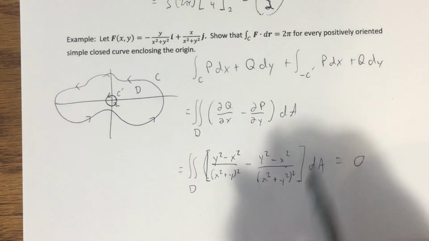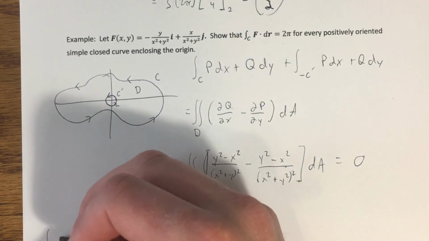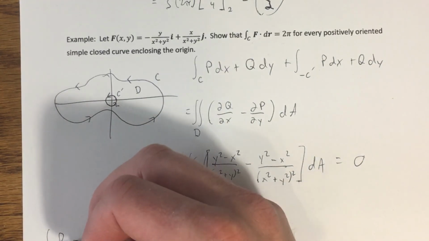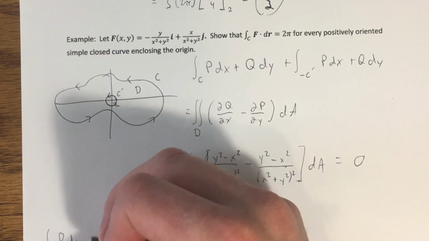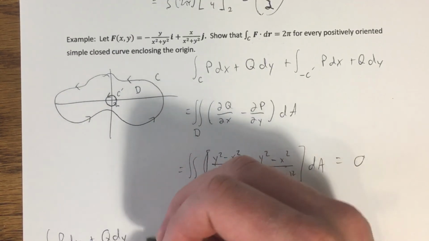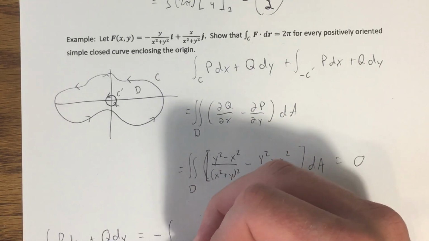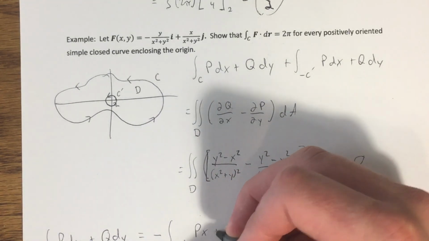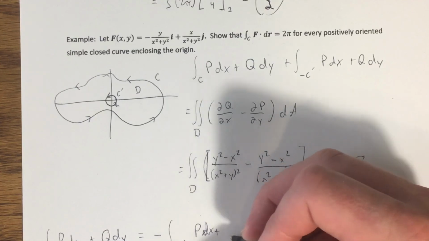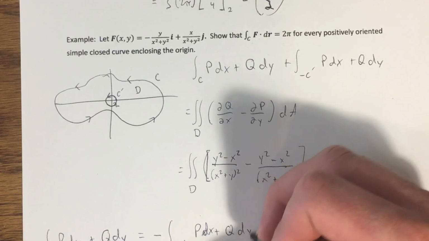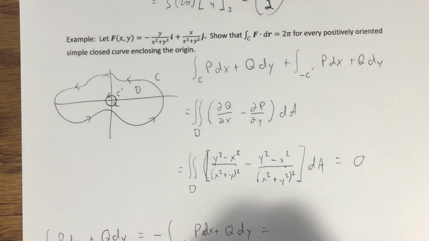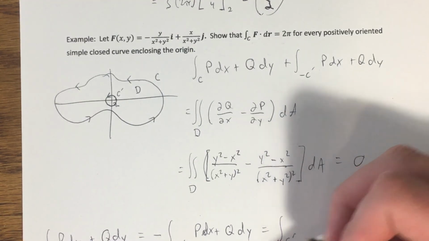So if I subtracted this one from both sides, I would get this. The line integral of P dx plus Q dy is equal to the line integral along negative C prime of P dx plus Q dy. But this negative and this negative can cancel out.